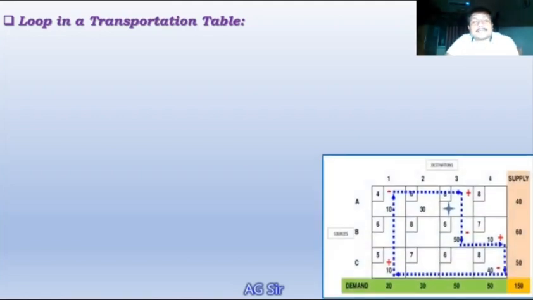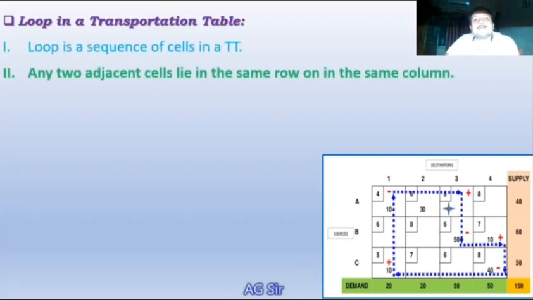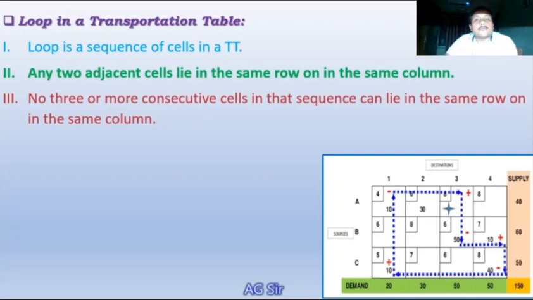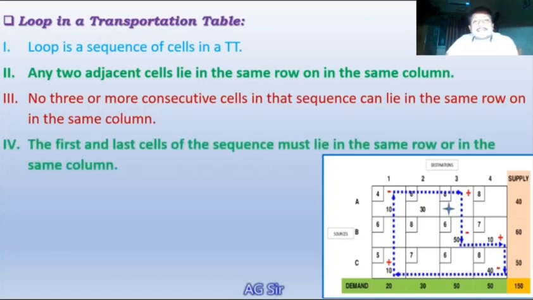Another major point in the transportation problem is that of a loop. This loop is a sequence of cells in a transportation table, and any two adjacent cells lie in the same row or in the same column, and no three or more consecutive cells in this sequence can lie in the same row or in the same column, and the first and the last cell of the sequence must lie in the same row or in the same column.